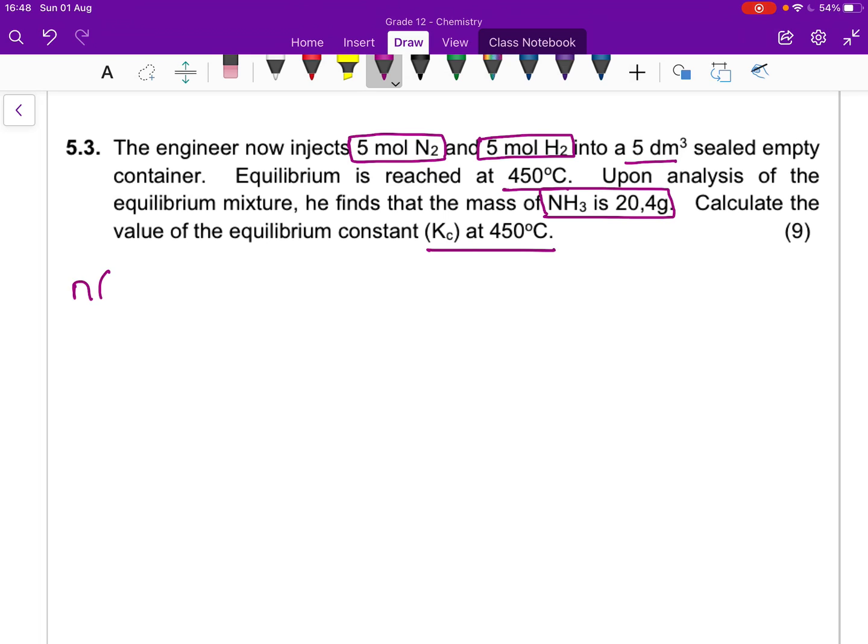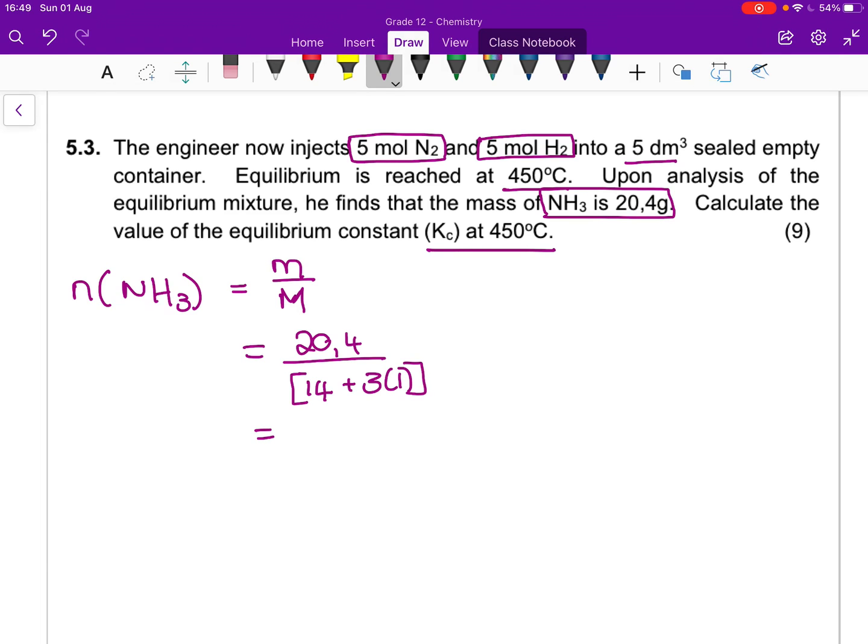So I want the number of moles of ammonia, and we know it's mass over molar mass. Nitrogen's mass is 14, hydrogen is 3, so I have 20,4 divided by 17, which gives me 1,2 moles.